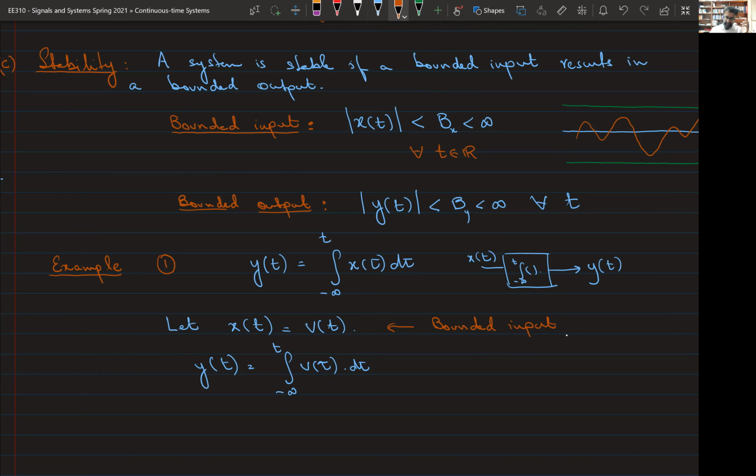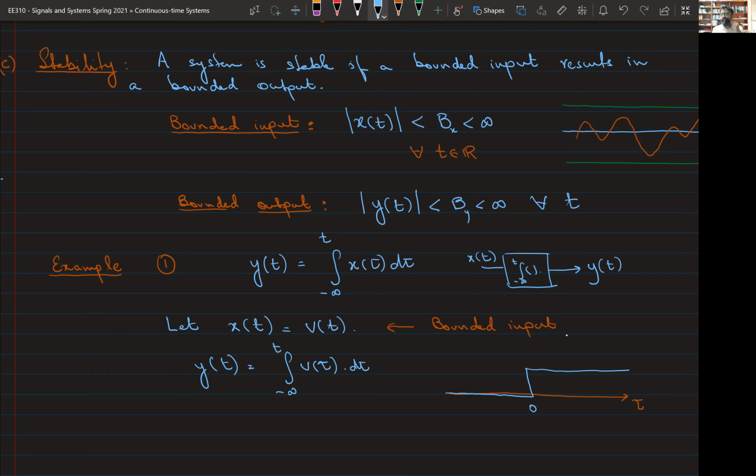What this equation represents is that there is a signal in which the independent variable is tau. And the function that you're integrating is a unit step, which is equal to 1 for all values of tau greater than 0, and is equal to 0 for all values of tau less than 0.